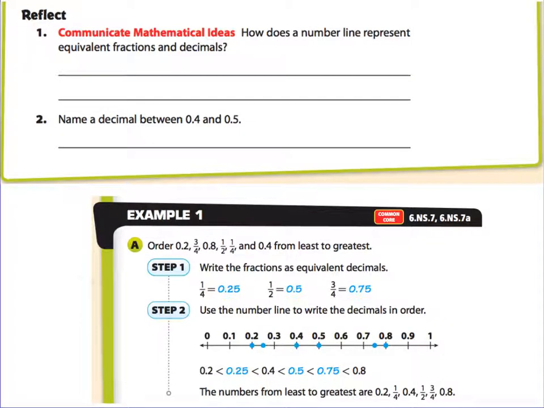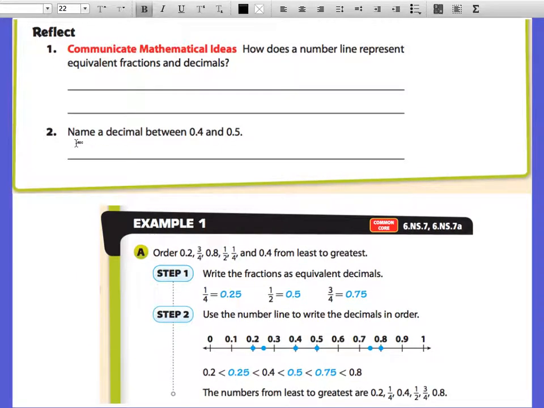Yeah, but we're not always going to have that number line, all right? So here we can look at and name a decimal between 4/10 and 5/10. Well, any decimal that is, so we can even say 0 and 41 hundredths, 0 and 42 hundredths, 0 and 43, 0 and 44, 0 and 45, etc. We can even extend that number out and say 0 and 410.